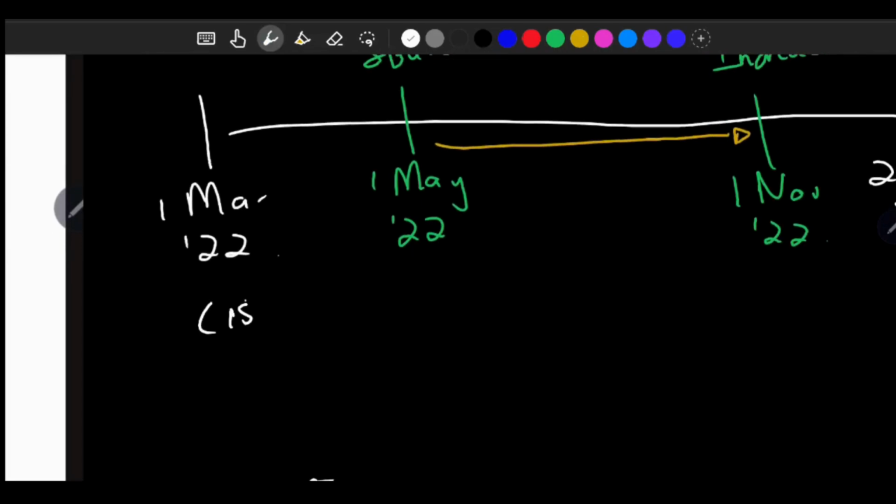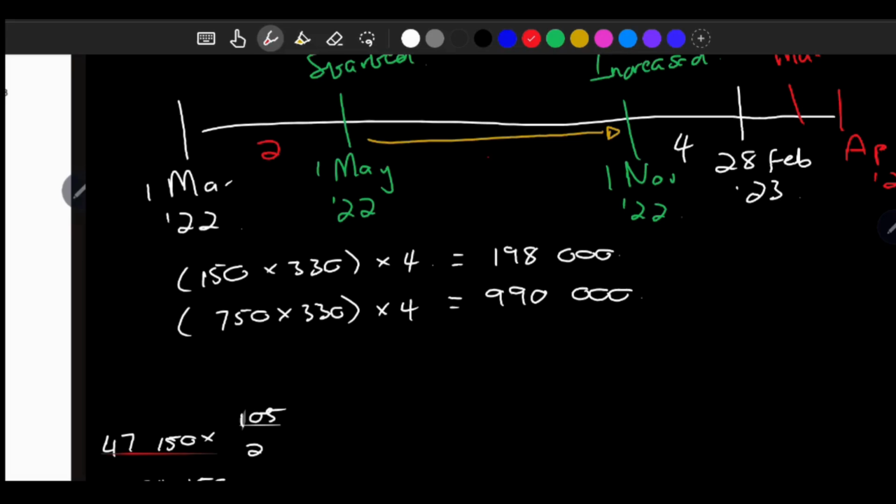So 150 multiplied by 330. From May up until November is 6 months, not 4, 6 months. For some reason, I forgot August and September. So that's 6 months there. And the amount for that is not 198,000. It is, well, I didn't calculate that either.